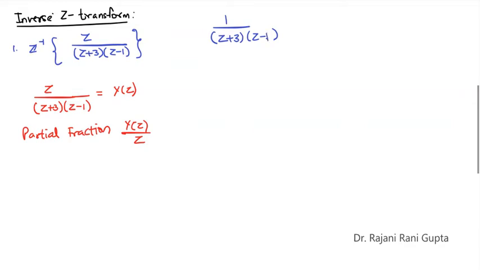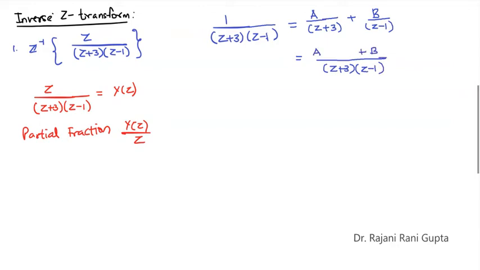By using the rule of partial fraction as we have used for the inverse Laplace transform, we write A over z plus 3 plus B over z minus 1. Now we take the LCM. The procedure is the same as for the inverse Laplace transform.